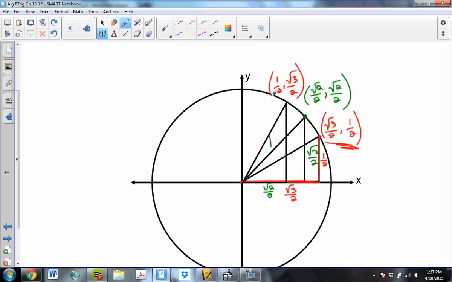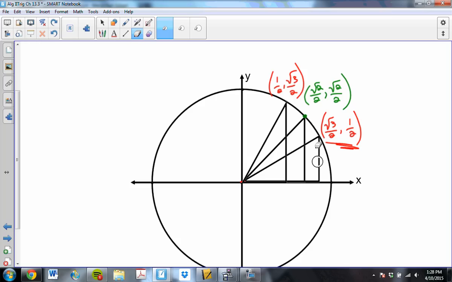So I can find these coordinates on this unit circle based on having a triangle that's 30 degrees, 45 degrees, or 60 degrees. Now what I can do, I'm going to get rid of all these measurements in here.